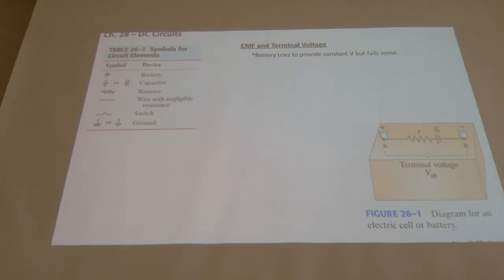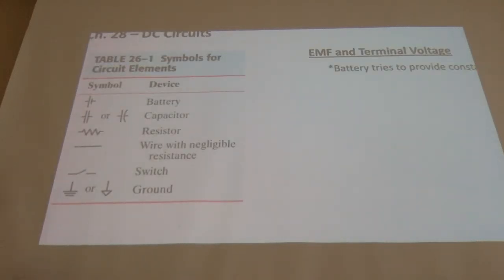So in chapter 28, we are going to talk a little bit more about circuits. We dealt with capacitors in circuits. In this particular chapter, we're going to focus on resistors, now that we know what they are. So first of all, as a review, our circuit elements and the symbols that we use up here on the top right. Keep in mind, the battery is represented by 2 lines, one longer than the other one.